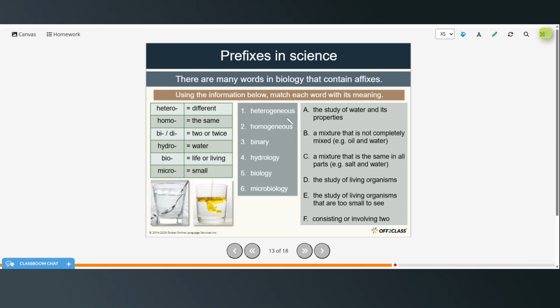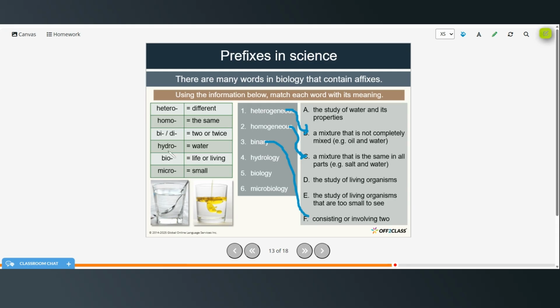So probably I would say a mixture that is not completely mixed, because oil and water are different and therefore you can't mix them. So homogeneous, we know that homo means the same. So that would be a mixture that is the same in all parts, such as salt and water. Binary, so we know that bi means two. So that would be F, consisting or involving two.